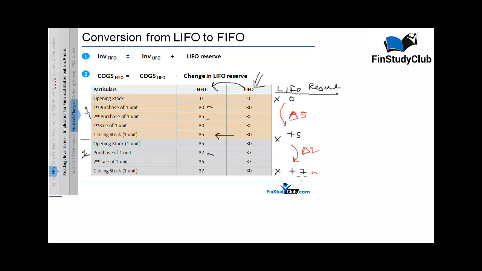So like we talked about in the previous session, the total hidden profit so far by a LIFO firm is equal to 7, out of which $5 was hidden in first year and 2 was hidden in the second year.